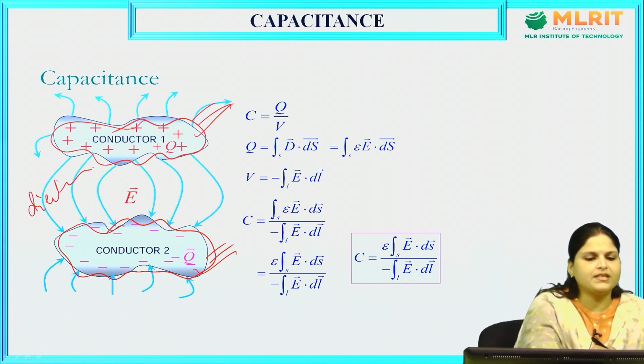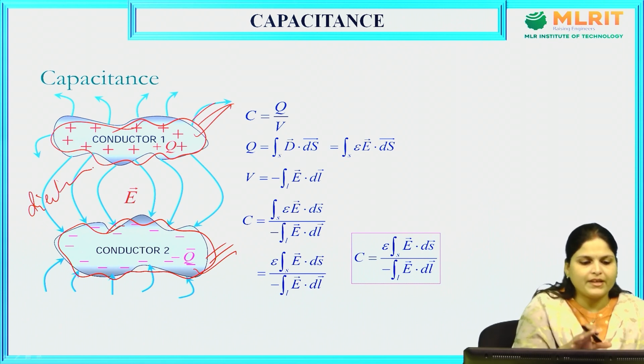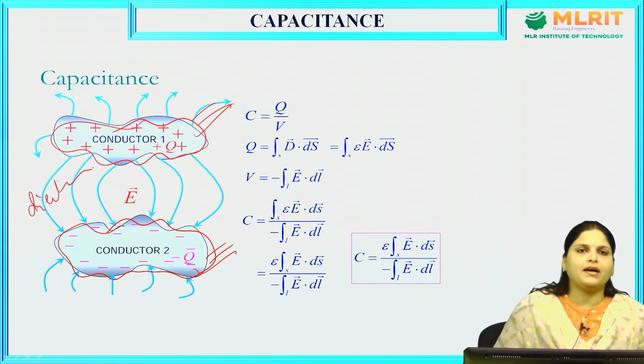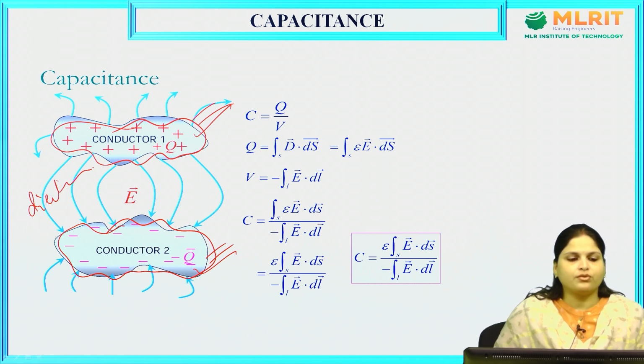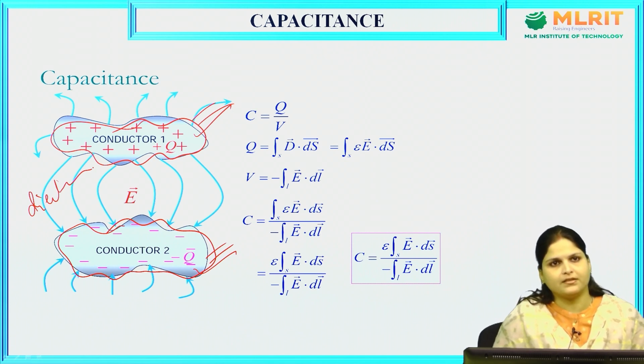And here you can see some field is established when some supply is given. So this entire arrangement, where two materials or two conductors are there, consisting of equal and opposite charges, positive Q and negative Q, separated by a dielectric, is called a capacitor.